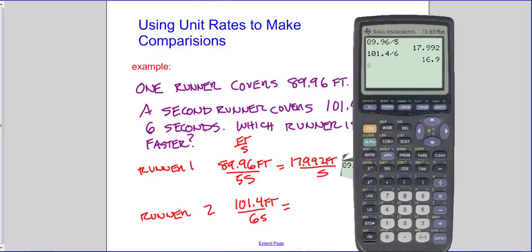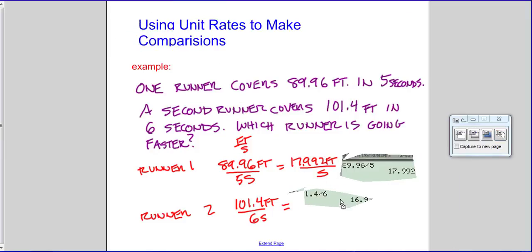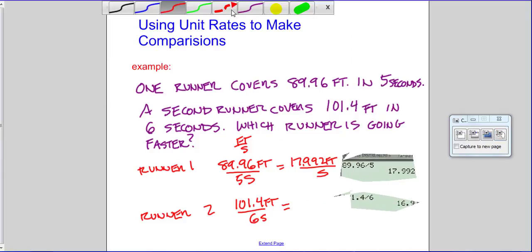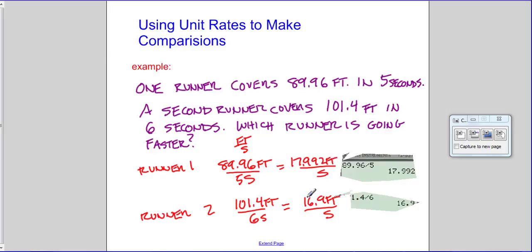feet per second. So in this case, I think it's pretty obvious that runner 1 is going faster based on our information because he or she is going further. 17.992 feet is greater than 16.9 feet.